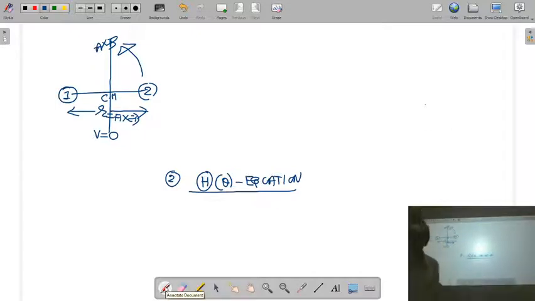You know very well, last lecture we have written the theta part of the equation.